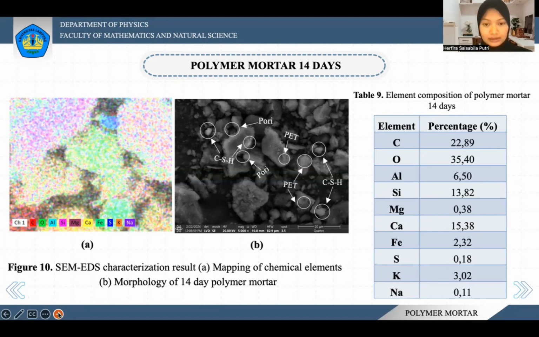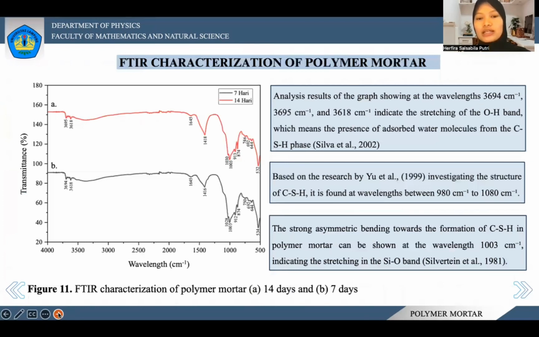And this is about the FTIR of polymer mortar. The analysis results of the graph show at wave number 3694 the stretching of the O-H bond edge, which means the presence of adsorbed water molecules from C-S-H, or calcium silicate hydrate, based on the research by Yu et al., 1999, investigating the structure of calcium silicate hydrate.